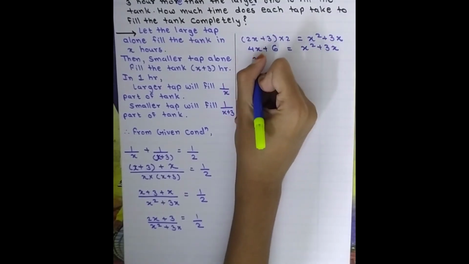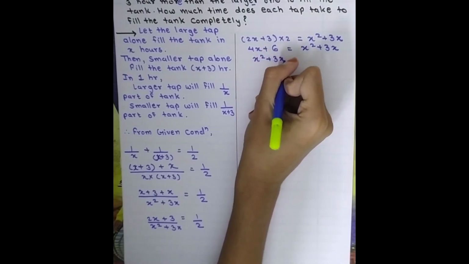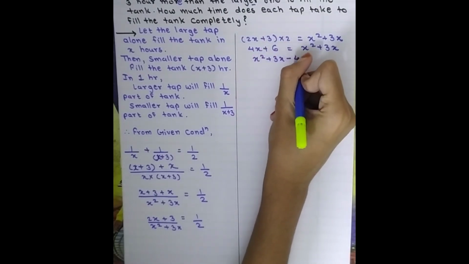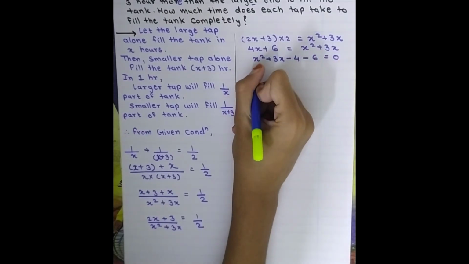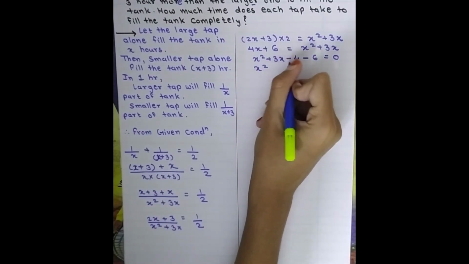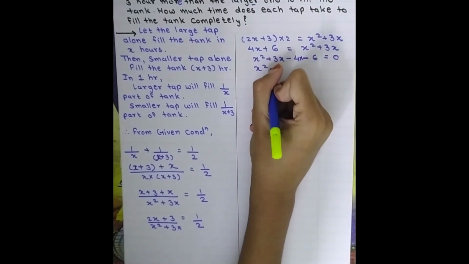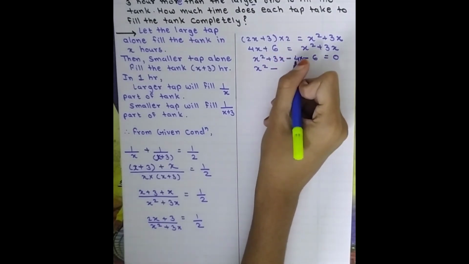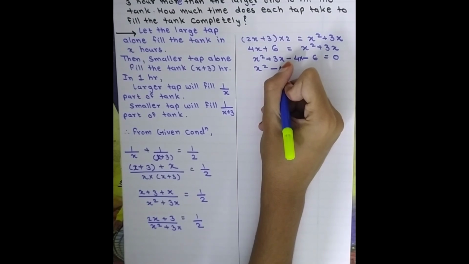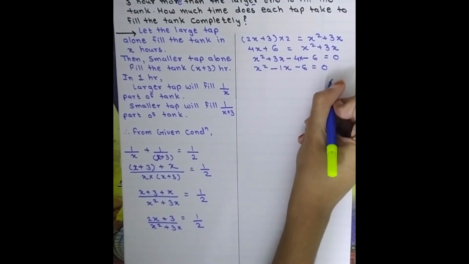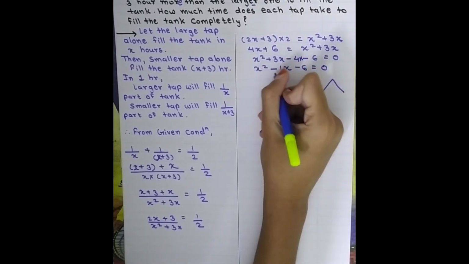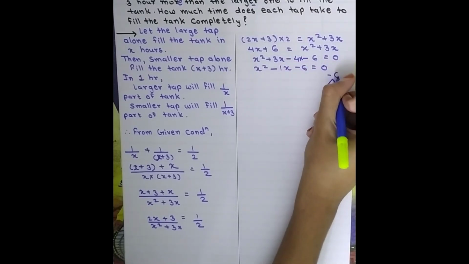Now in this x square plus 3x, this plus 4 goes to minus 4 and here minus 6 is equal to 0. Therefore x square, here 3 minus 4 is minus 1. So x square minus x minus 6 is equal to 0. So here the addition is minus 1 and the multiplication is minus 6.